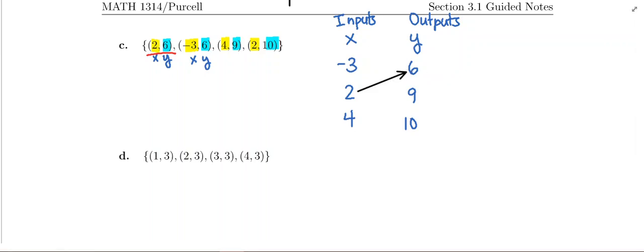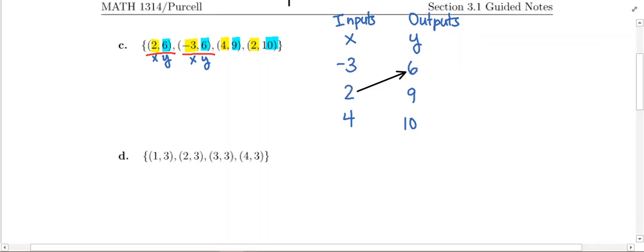If we move on to the next ordered pair, -3, 6, that means an input of -3 gives us an output of 6. So I need to draw the arrow here from -3 to 6. And then let's jump to the next ordered pair, which is 4, 9. This time we need to draw an arrow from 4 to 9.